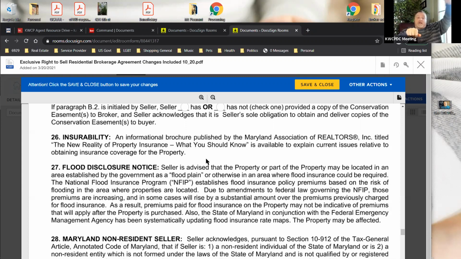If you've got a long history of claims, and it now shows up that this property is a high risk insurance property, that could impact the buyer's ability to get good insurance for themselves as well, and it could push their limits out of their debt to income ratios out, so that they would no longer qualify for it. So keep that in mind. Make sure that you have that conversation with your sellers to find out how often they've had claims put on this property. That's an important topic to cover. Anybody have questions on that?